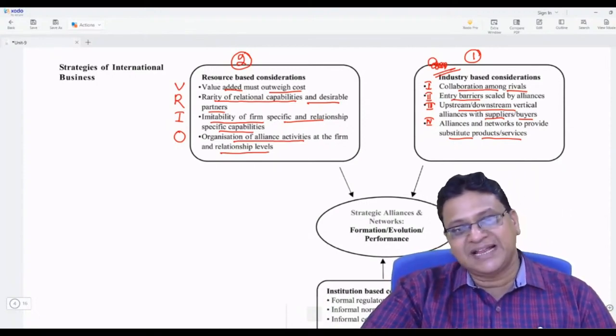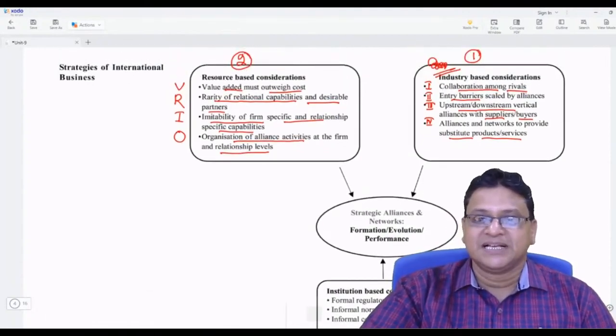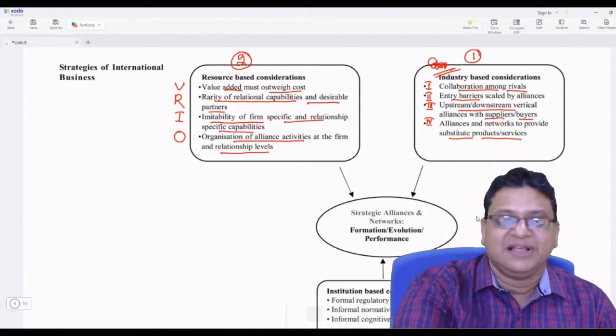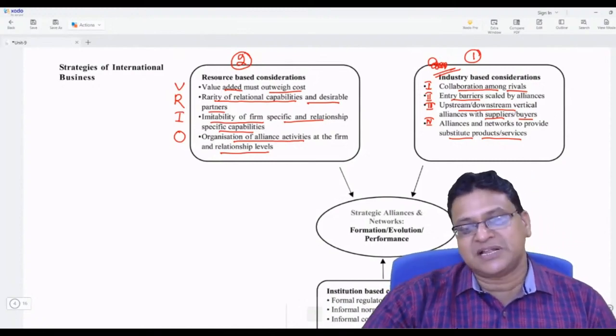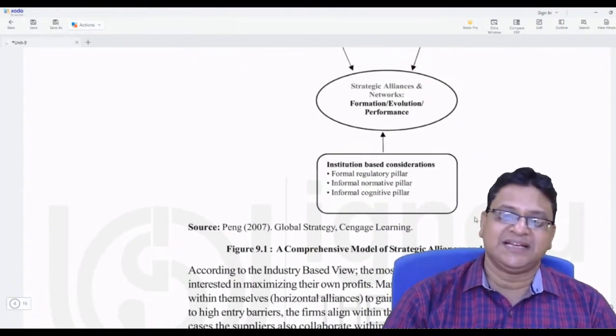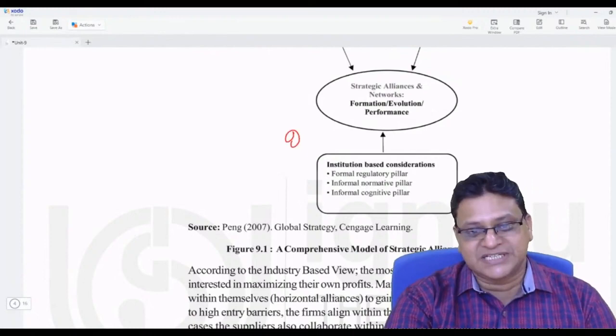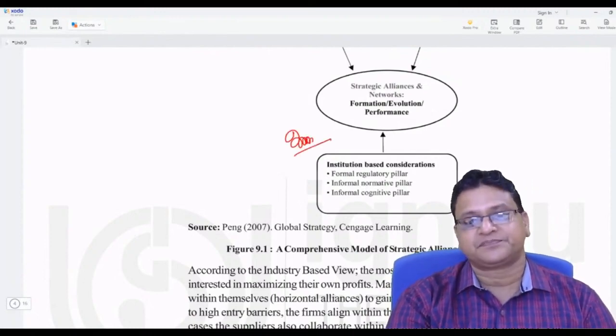So strategic alliances are influenced by three considerations. One is industry-based consideration, another is resource-based consideration, and the last one which influences strategic alliance is institution-based consideration. What is institution-based consideration?